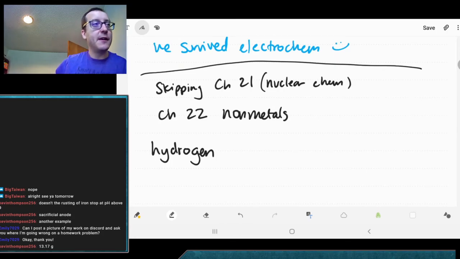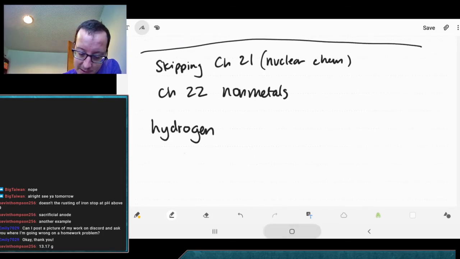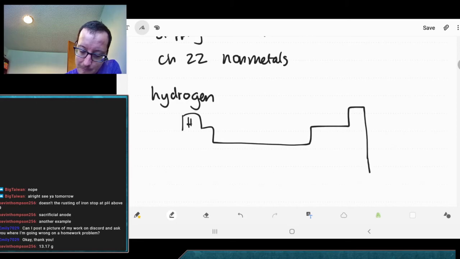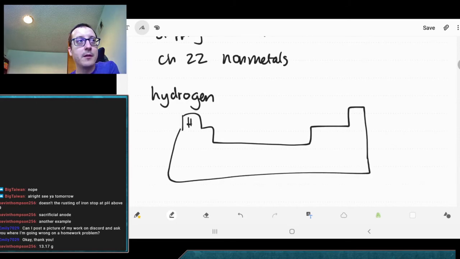which is a very interesting nonmetal because it's unique in quite a few ways. So we typically will put hydrogen up here at the top of the periodic table, right? We typically throw it there.